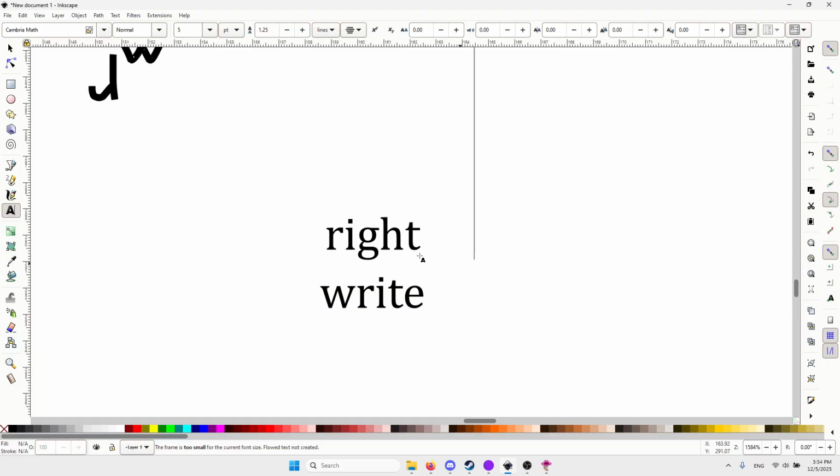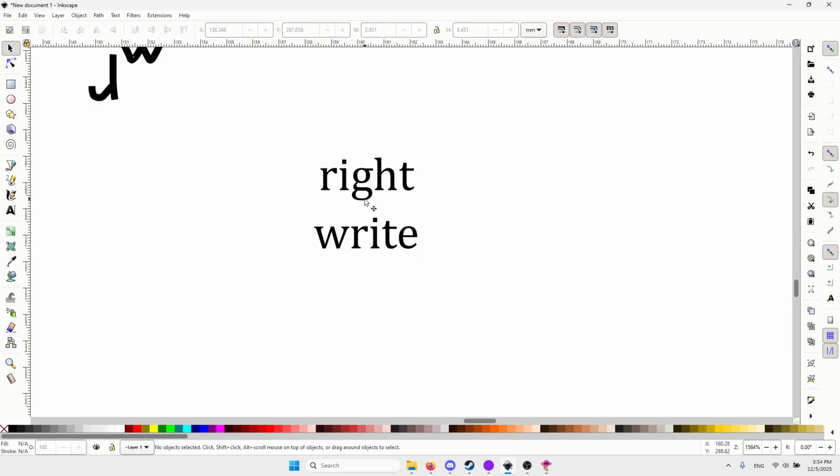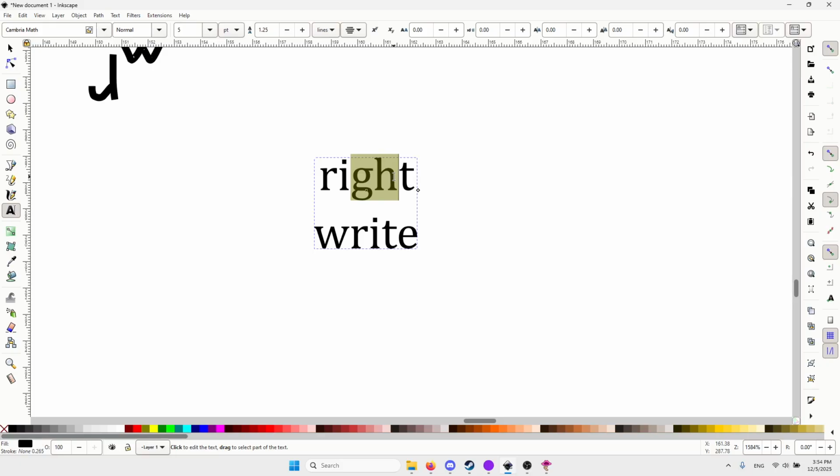So hypothetically, let's say there was some alternative English language where this word and this word were pronounced differently.